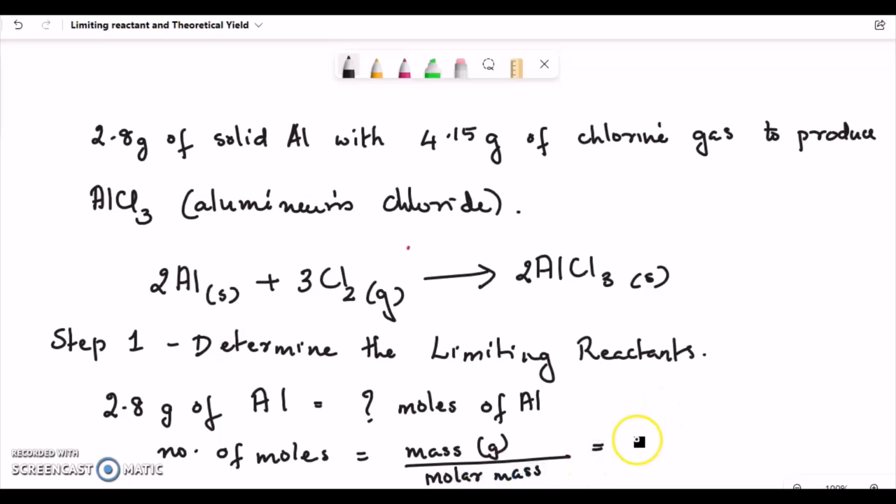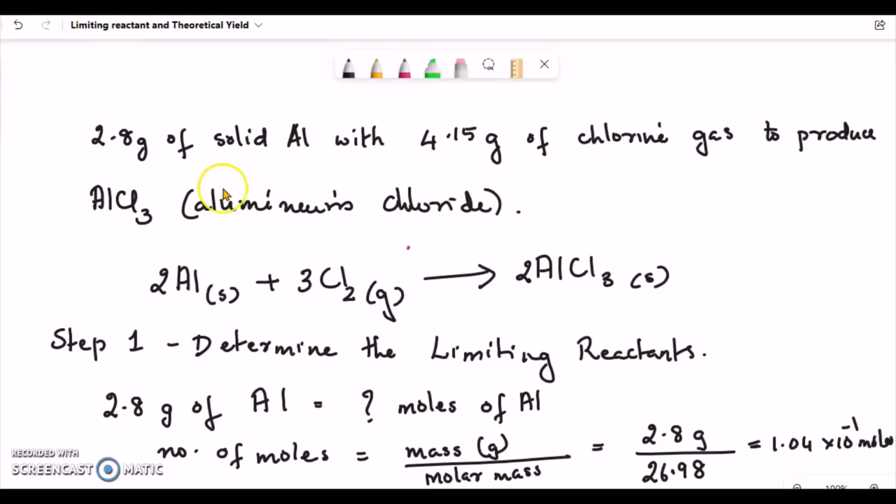So the mass in grams of aluminium in our reaction is 2.8 grams divided by the molar mass of aluminium, which is 26.98. So this is the number of moles of aluminium. This is equal to 1.04 × 10^-1 moles.